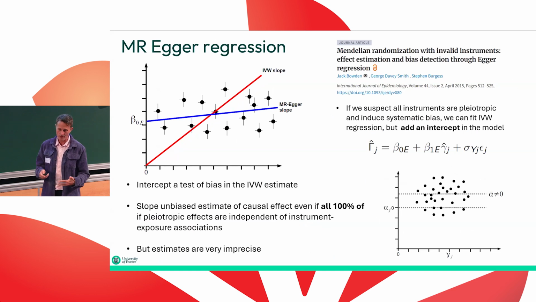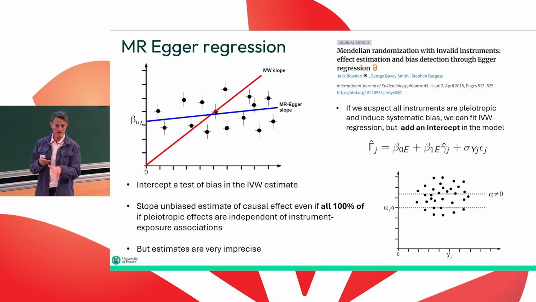Now, another technique that was proposed in a paper by myself 10 years ago is a method called MR-Egger regression. This is simply an extension of the IVW approach, where we include an intercept in the regression. What the intercept should do is test for meaningful bias induced by pleiotropy in the IVW estimate.